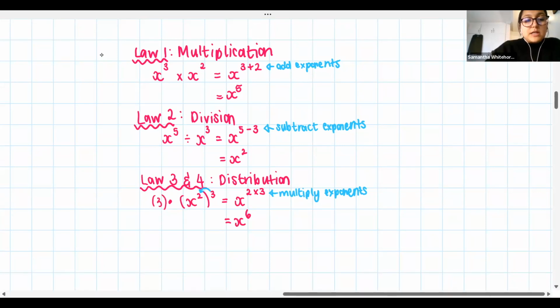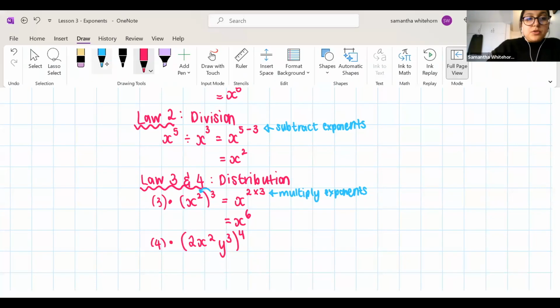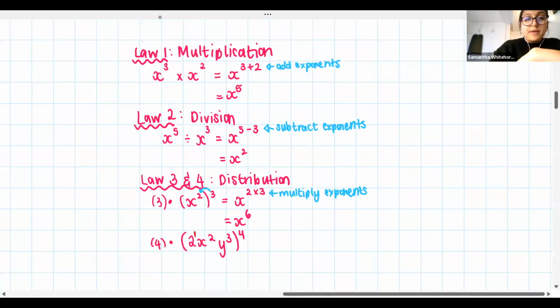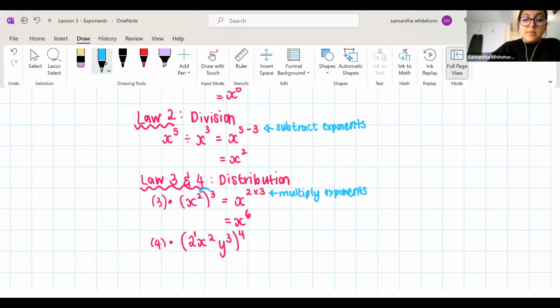Law 4 is just an extension of this, where we have got multiple factors inside our bracket. So let's say we've got 2x squared y cubed all to the power 4. Our law tells us that we need to distribute. What you need to remember, though, is that this 2 does have an exponent. And again, when we do some examples, we'll chat again about this.